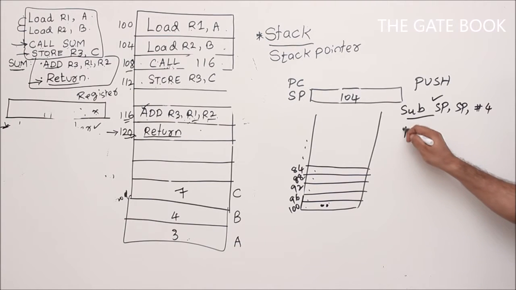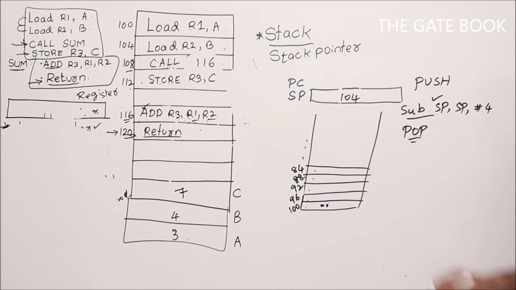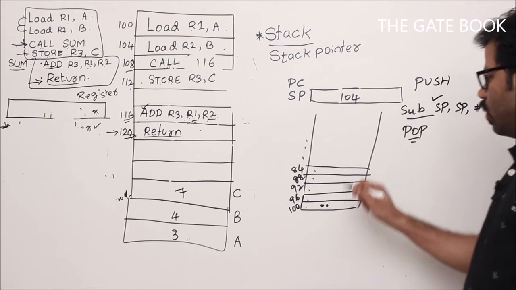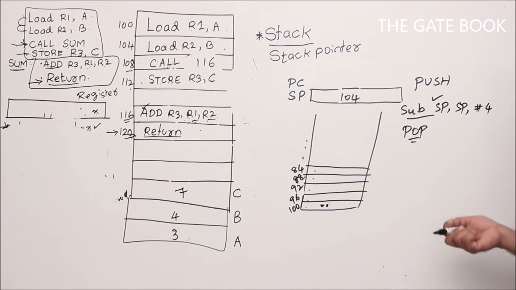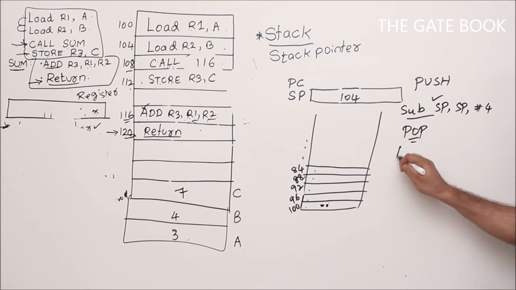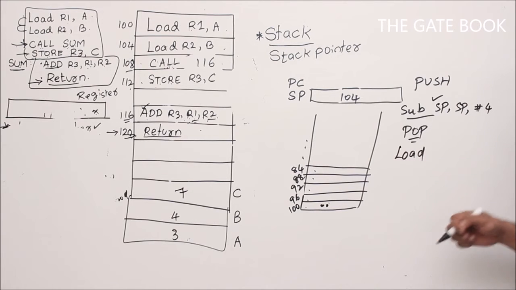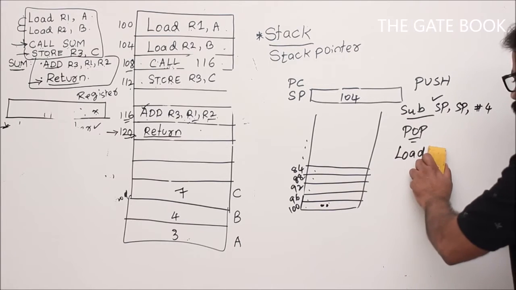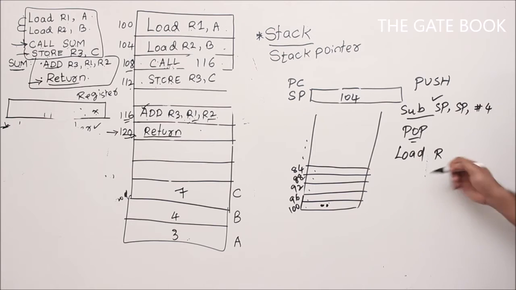Now what is the popping code? How to pop? When you want to pop, we have to take the data. Maybe if you want to take the data into some register, we can do it like this: load the data at the top of the stack into register R1. How to take that data? Simple.